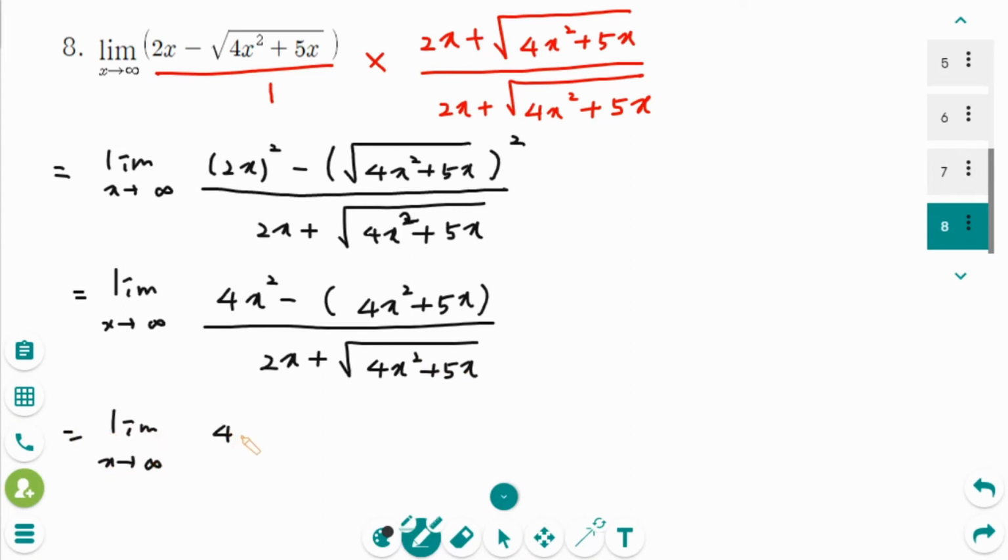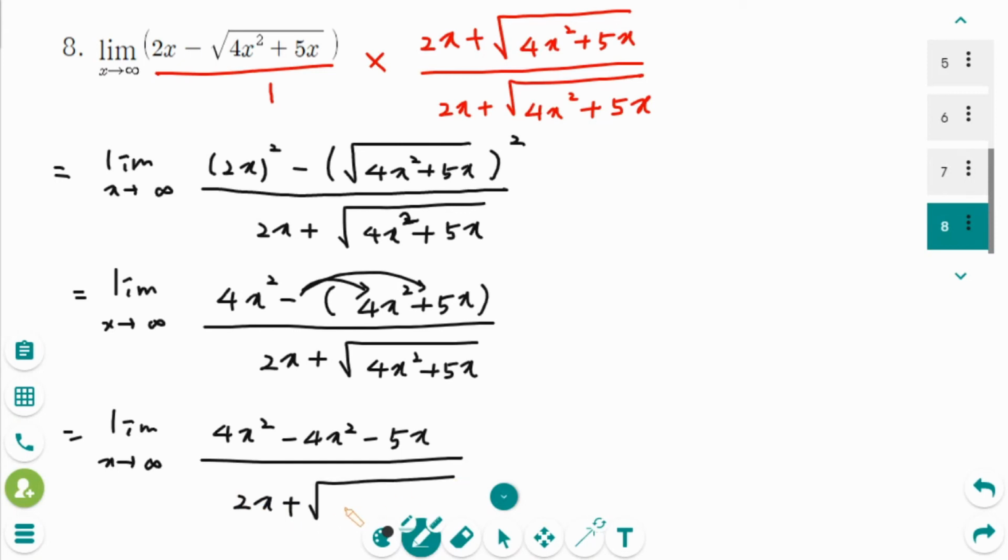And then expand: 4x squared minus 4x squared minus 5x over this one.